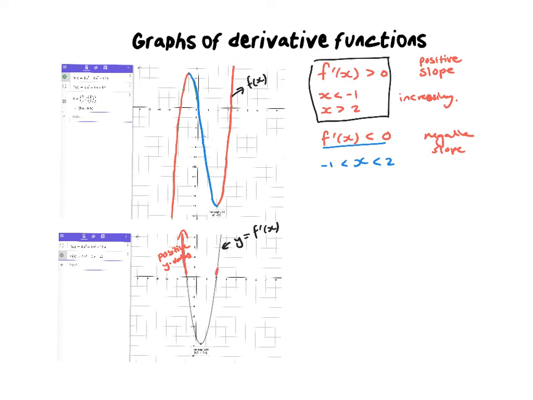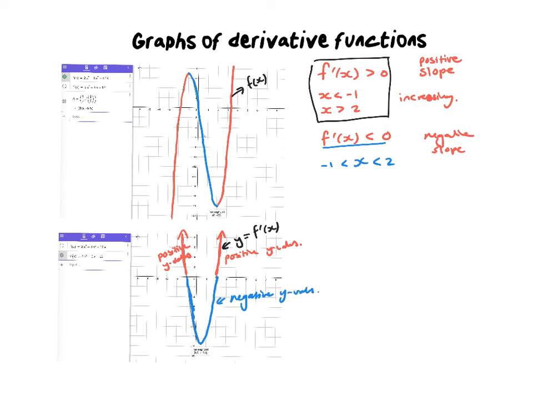And all the x values greater than 2 will also have positive y values. You with me? And then we've got negative y values between -1 and 2. So all those x values will give you negative y values.